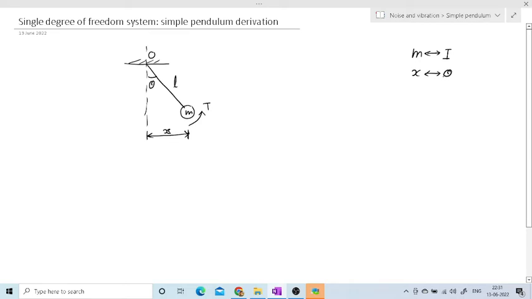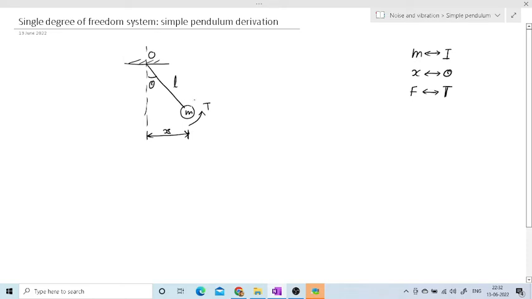So whenever required, I am going to write here the conversion between linear system and angular system. In the linear system we apply force on the system, in the angular system there is torque. So here you can see the torque is applied on this system.